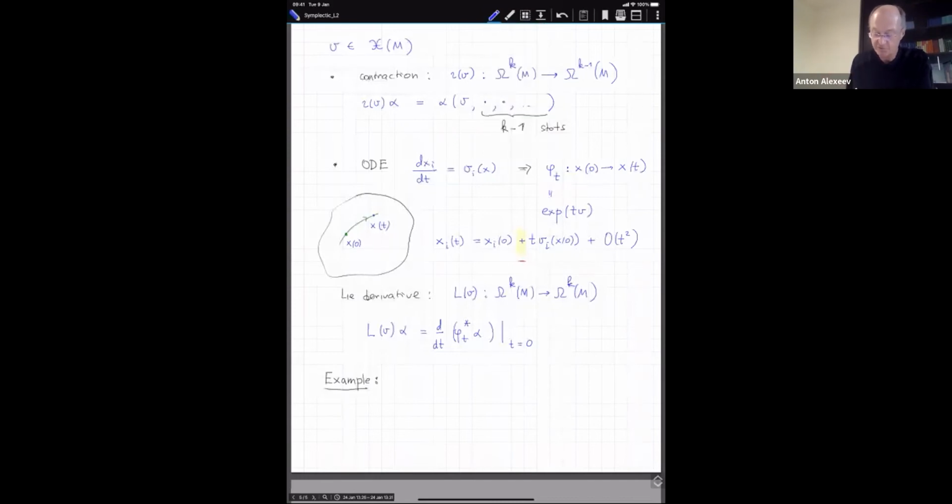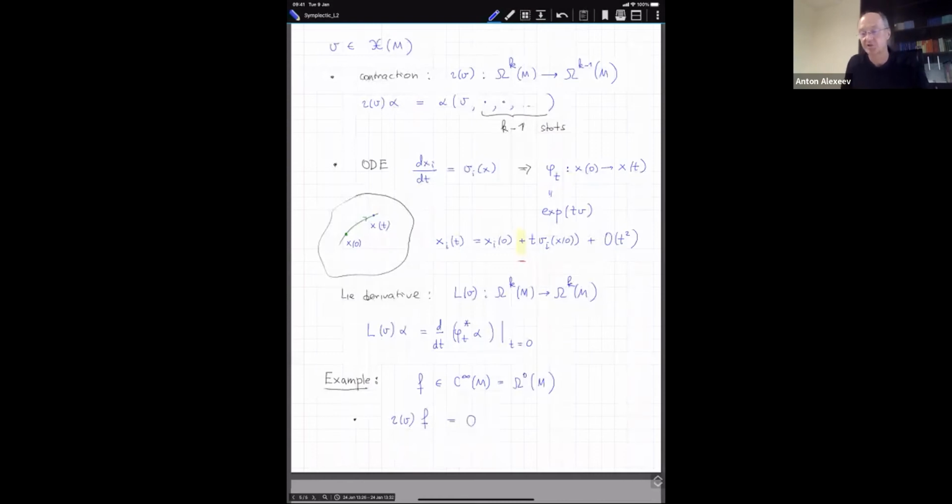So my example will be, I will run those operations on functions. Functions are differential forms of degree 0. First of all, a nice observation: if you compute a contraction on a function, then you simply get 0, right?